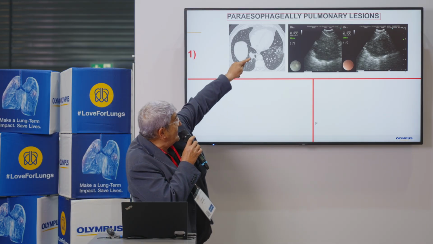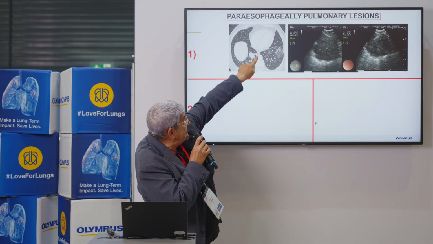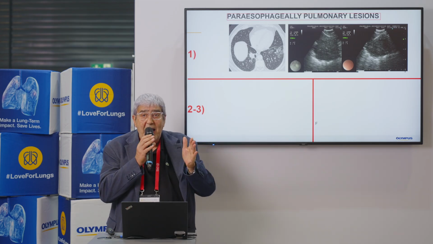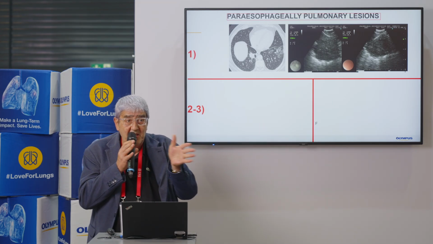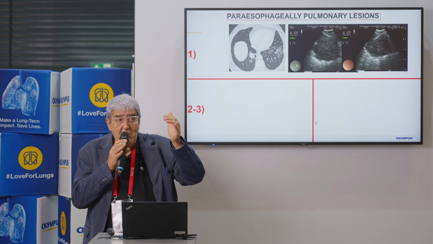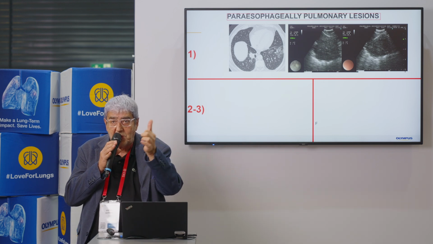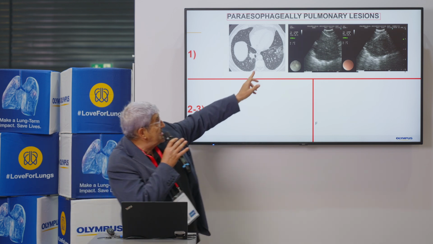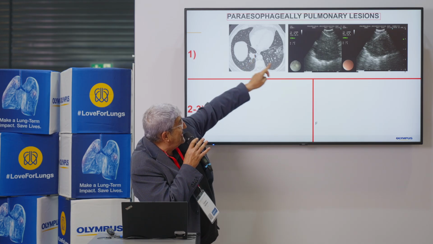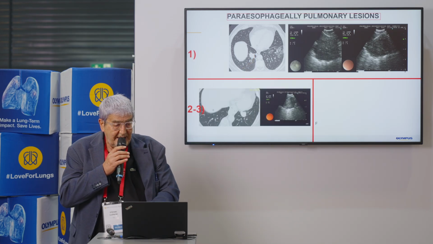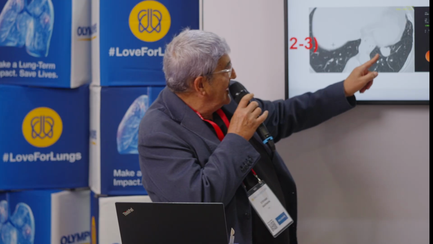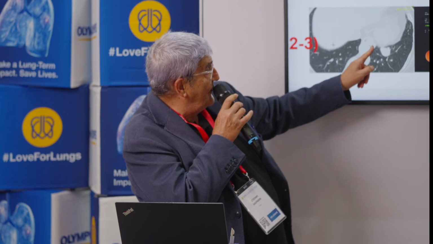This is a pulmonary lesion. Here is the esophagus. As the trachea, the esophagus is moving into the thorax. So you can bend the esophagus with your scope, and you can put the esophagus close in contact with the lesion that is very well visualized. And again, here is the lesion, here is the esophagus.